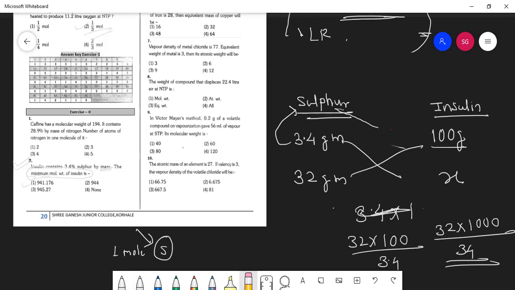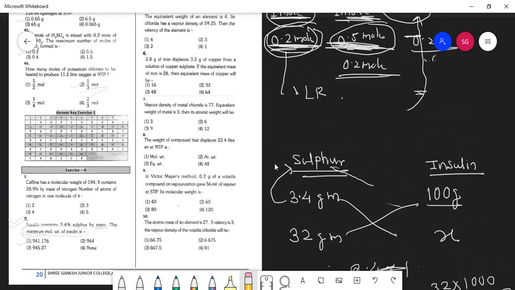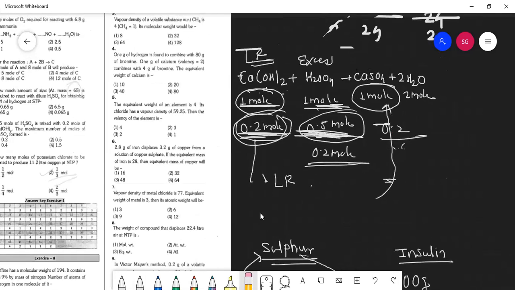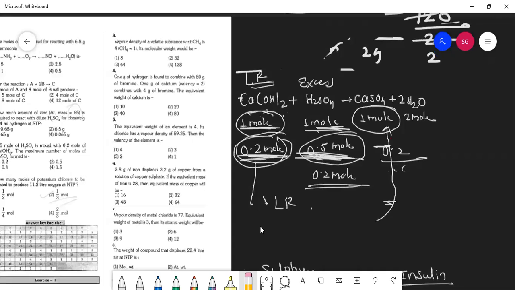Okay. Any other questions? Okay, I'll scroll it down. Students, this whole exam depends upon how quickly you solve.